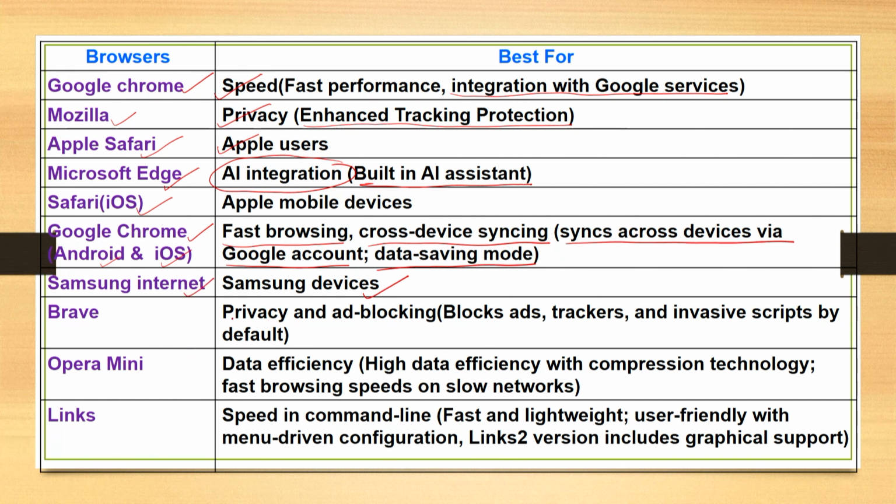And for privacy and ad blocking, that is, ad blocking means with that you can block ads, trackers and invasive scripts by default. So in that case, Brave is used. For data efficiency, that is high data efficiency with compression technology and fast browsing speeds on slow networks, in that case Opera Mini is preferred.